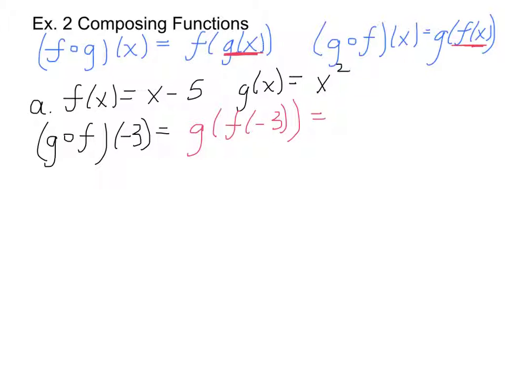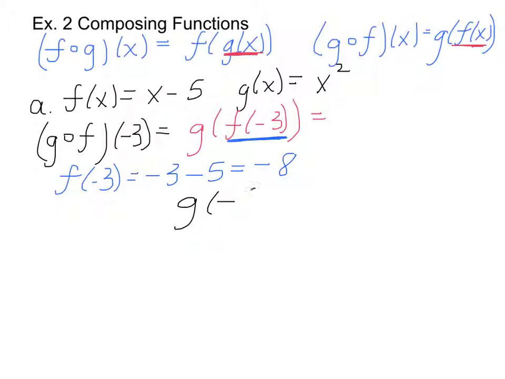So what this means is you're going to evaluate f of negative 3 first. So I'm going to evaluate that first, which is negative 8. And then I'm going to take that answer and plug it into the g function, which is x squared, which gives me 64.